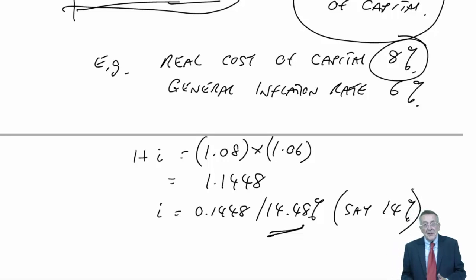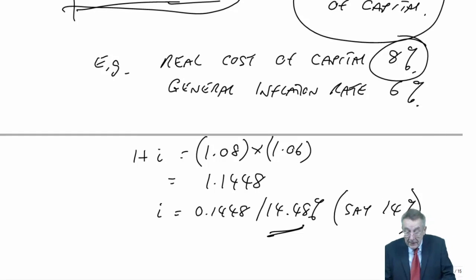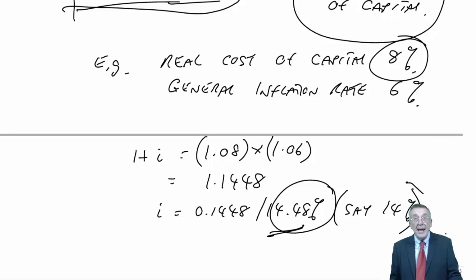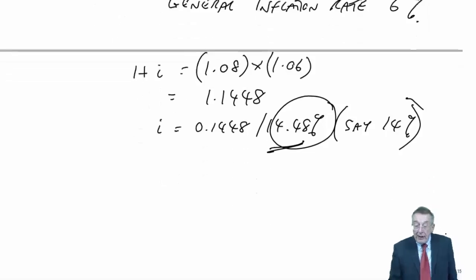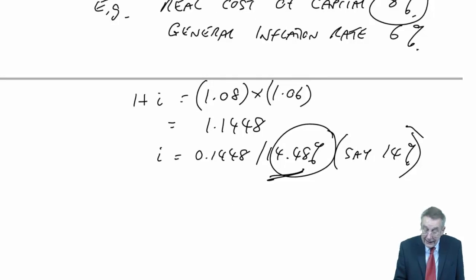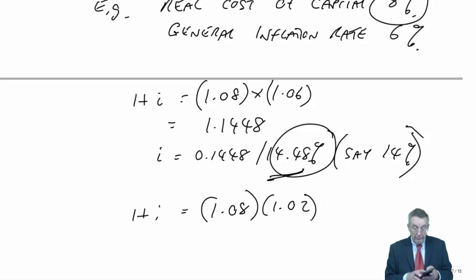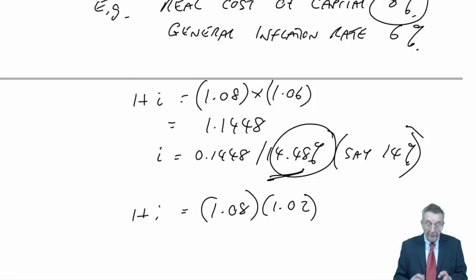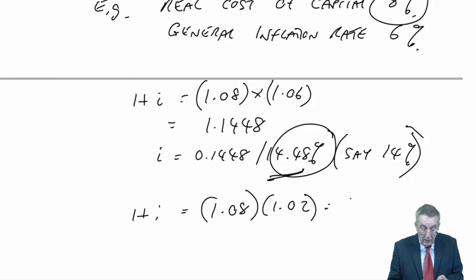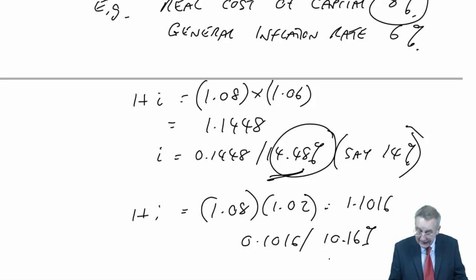If there's inflation of 6%, the actual cost of capital will be higher. It'll be 14.48. If the rate of inflation was only 2%, then the actual cost of capital would be 1.08 times 1.02, 1.1016, or 10.16%.